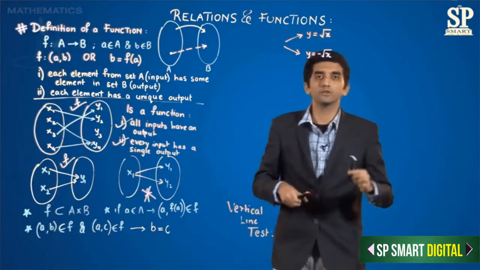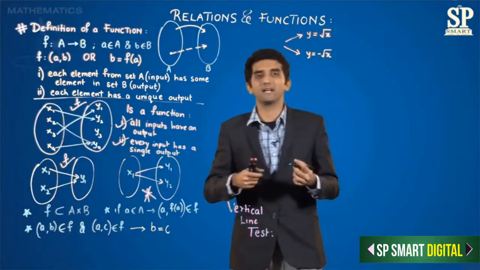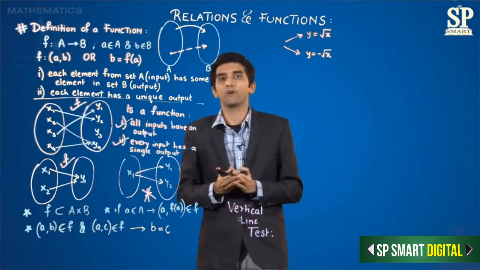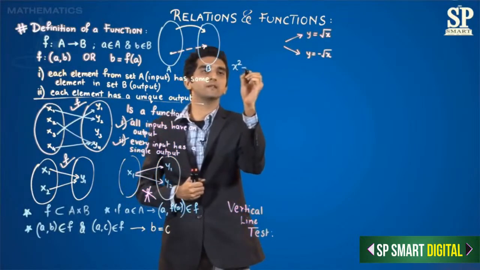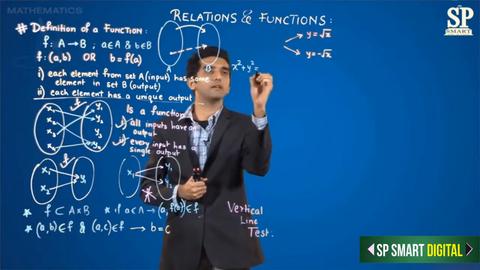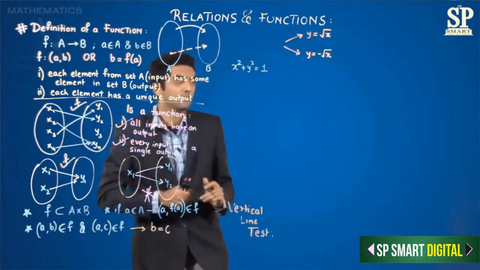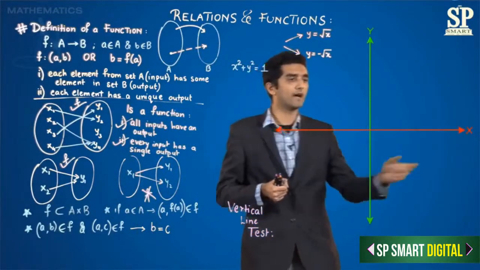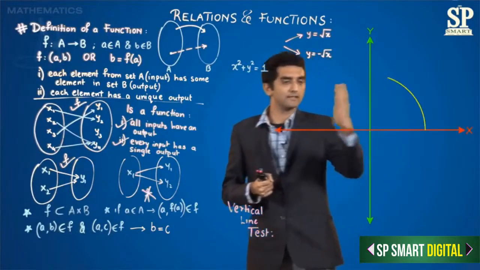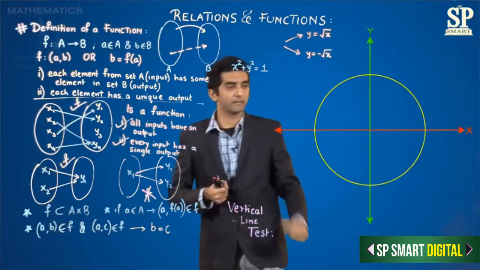Now on this note, let's take one more small example to end this discussion of functions and relations. Let's take an example of a circle, x square plus y square equal to 1, right? Basically a circle with unit radius. We have the y-axis, we have the x-axis, and this is how the circle looks like, right?